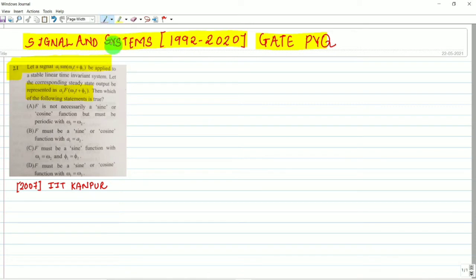Let's get started. What is first given? We have the input signal x(t), which equals A1 sine of omega 1 t plus phi 1. Understood? And the output corresponding to this input equals A2 f of omega 2 t plus phi 2.